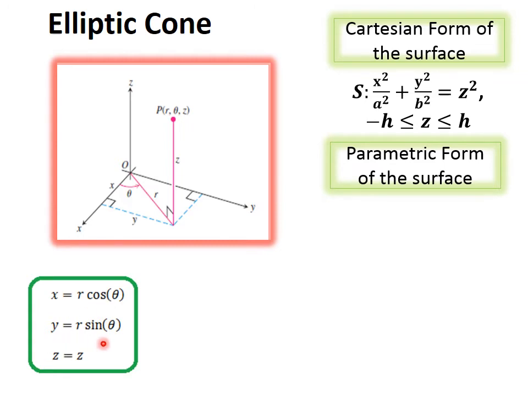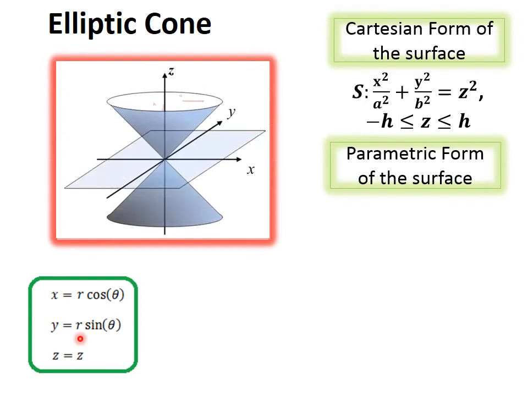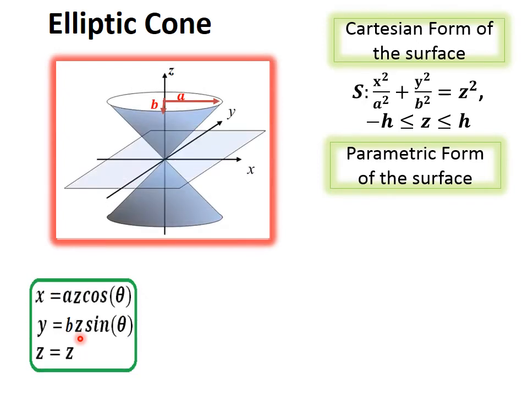The transformation is x equal to r cos theta, y equal to r sin theta, z equal to z. For the cone, the radius is nothing but the height. Since the generating curve is an ellipse, along the x-axis the distance moved is a units, along the y-axis the distance moved is b units.